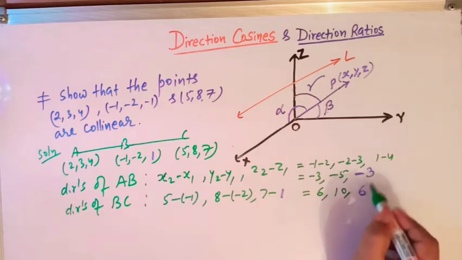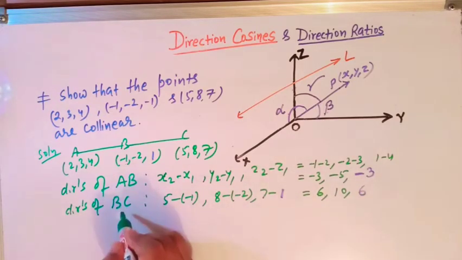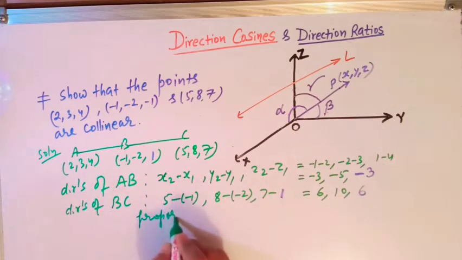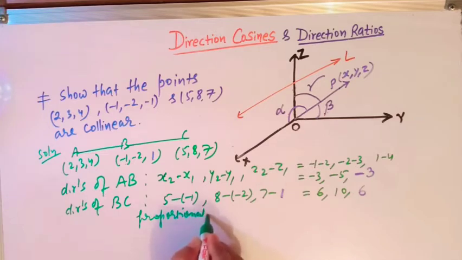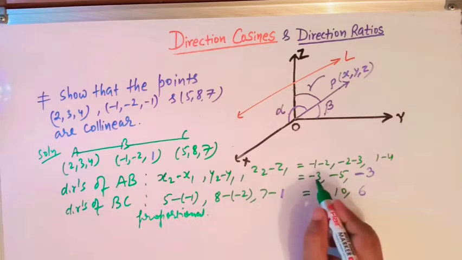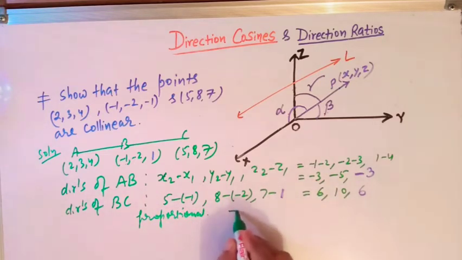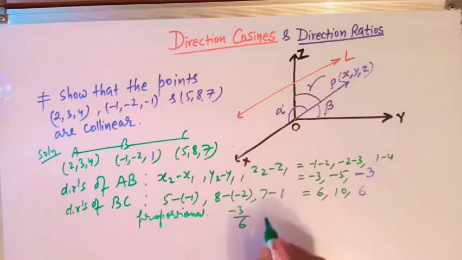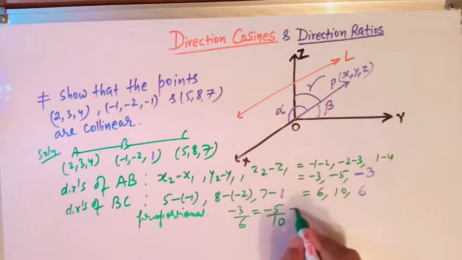And we see that these two direction ratios of AB and BC are proportional. How are they proportional? Because see, minus 3 by 6 is equal to minus 5 by 10 is equal to minus 3 by 6.